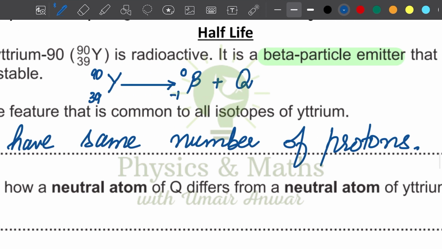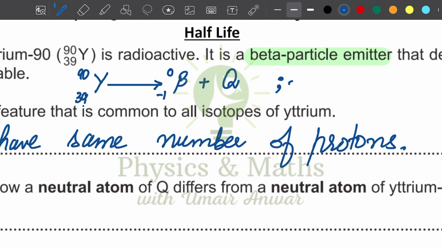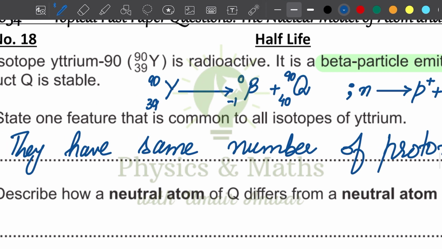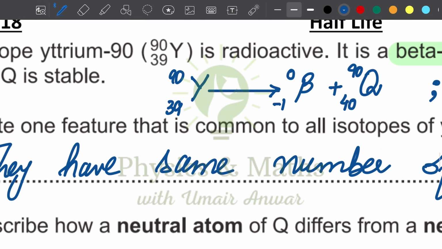Now in a beta decay, we know that a neutron from the yttrium would be converting itself into a proton and an electron. This electron would be emitted from the nucleus, but the proton remains a part of the nucleus. So as a result, the proton number increases by 1, but the nucleon number remains the same.